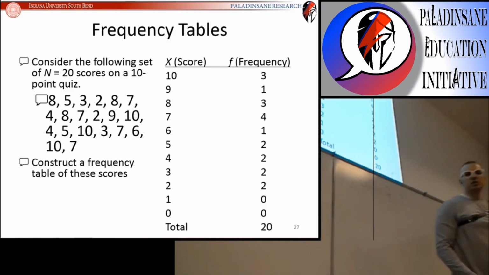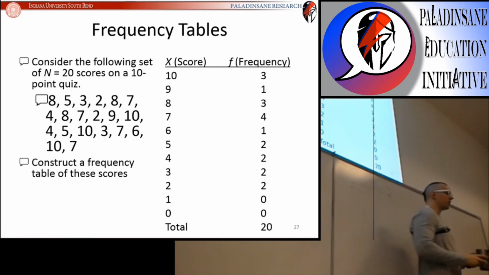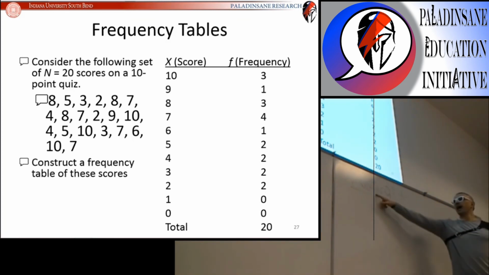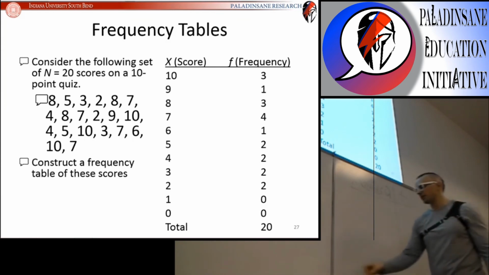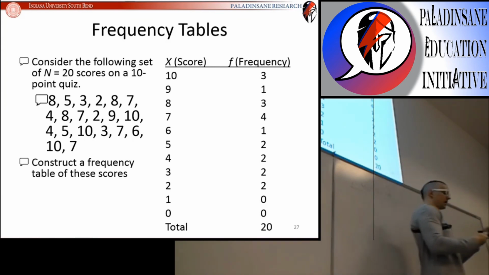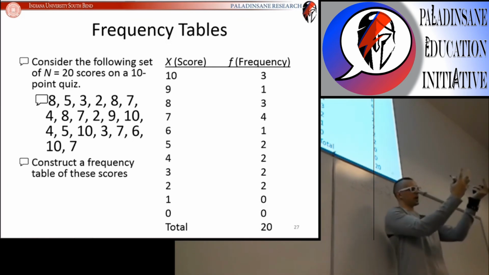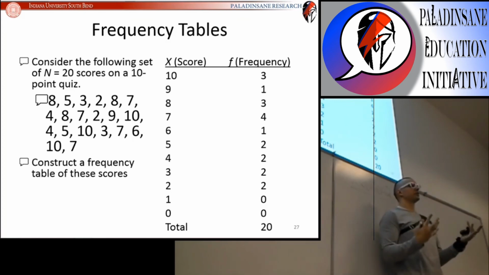All right, so one thing though that tricks our human brains, and I'm going to mention this right now, and this is why I want you to always read this as the possible scores. One mistake that I have seen time and time again is when you're dealing with a frequency table and you have to get certain information from it.